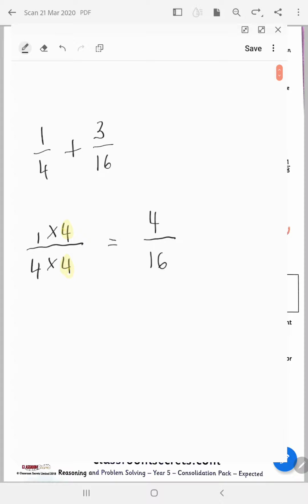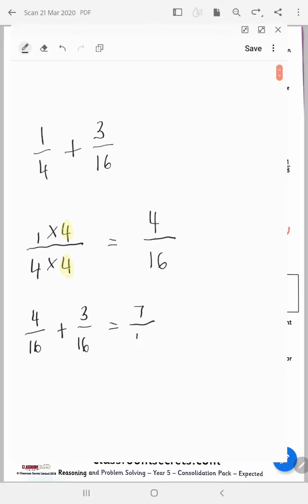We then add our 4/16 to our 3/16. And when adding fractions with a common denominator, so the same number at the bottom there, you just need to add the numerators.